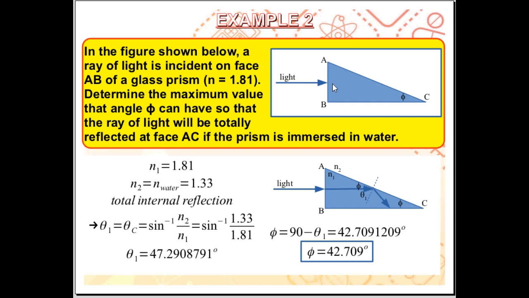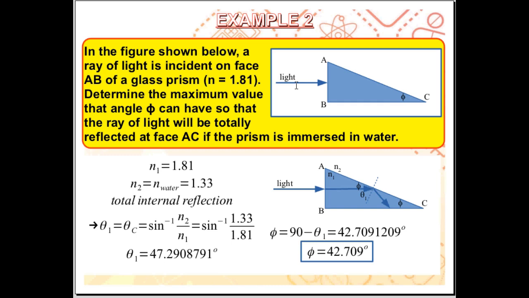Determine the maximum value of the angle phi, the maximum value that this angle can have, so that the ray of light will be totally reflected when it strikes the face AC of the prism when the prism is immersed in water.